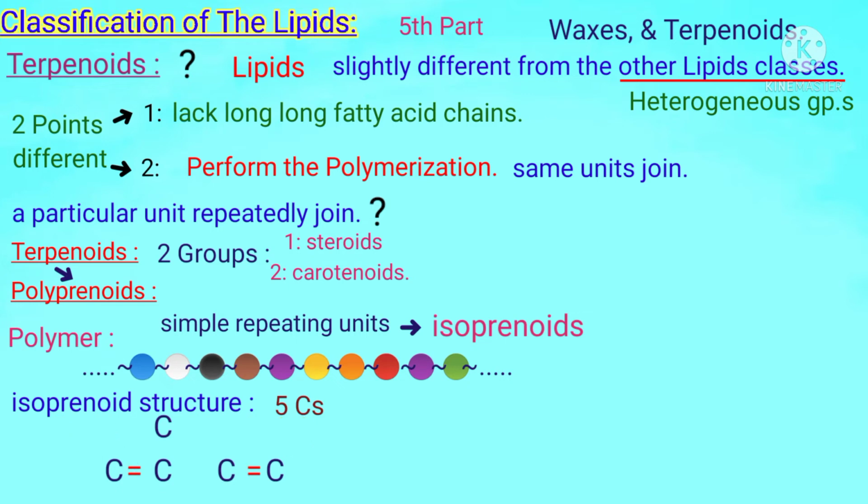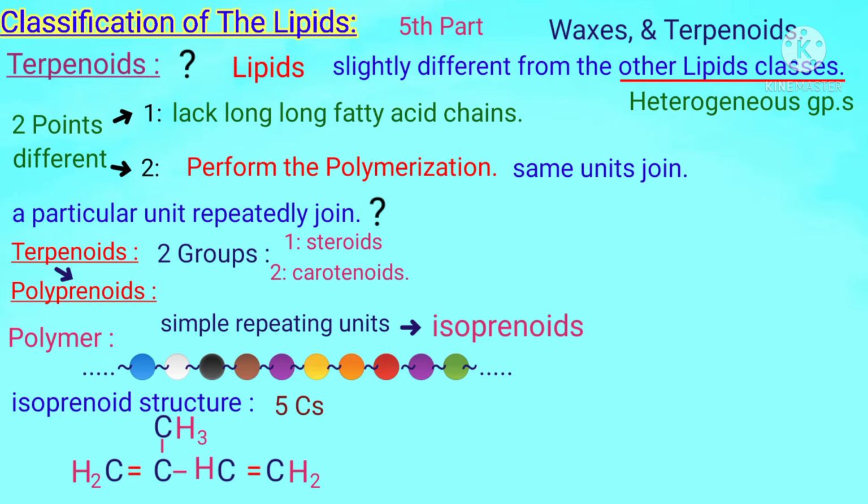Next, to satisfy the valency of every carbon, this carbon has 3 hydrogens, here are 2 hydrogens, and here are also 2 hydrogens attached. This carbon has its full 4 bonds, so it doesn't have any hydrogen. But this carbon has 3 bonds, so here only 1 hydrogen is attached. Now the valency of every carbon is completed.